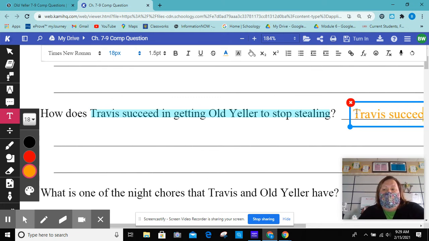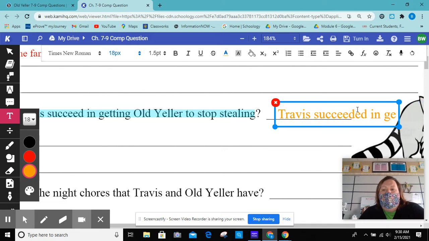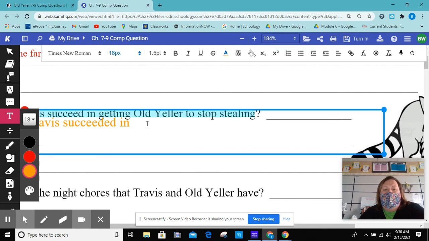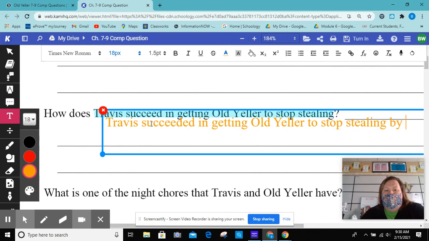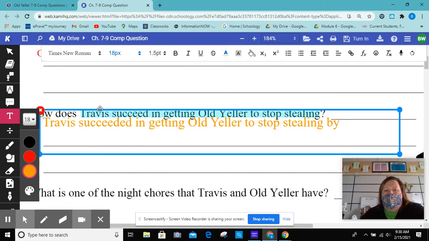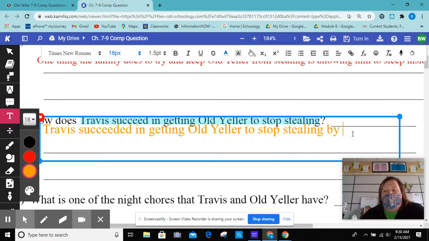Travis succeeded in getting Old Yeller to stop stealing by what? What does he do?